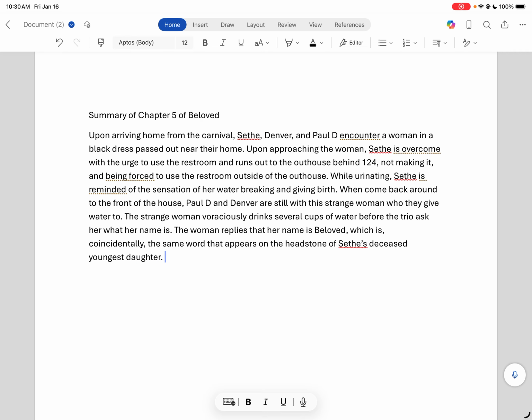Whenever she says that her name is Beloved, Sethe's ears perk up, and she immediately takes notice. In the previous chapter, remember that Sethe remembered what it took for her to get that one word engraved in the headstone, and it talked about her having to give herself to the person who was making that headstone. So this definitely catches Sethe's attention.